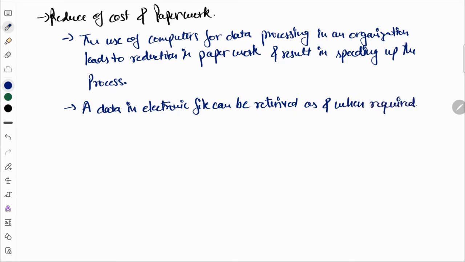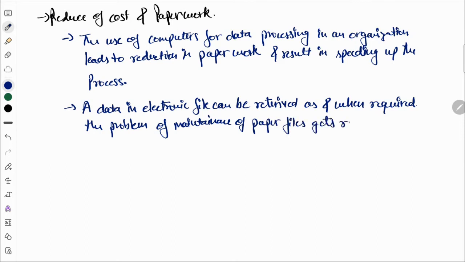The problem of maintenance of paper files gets reduced.